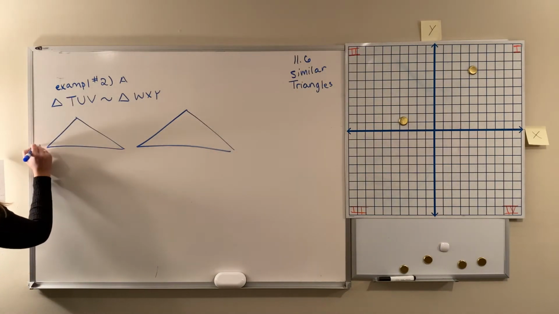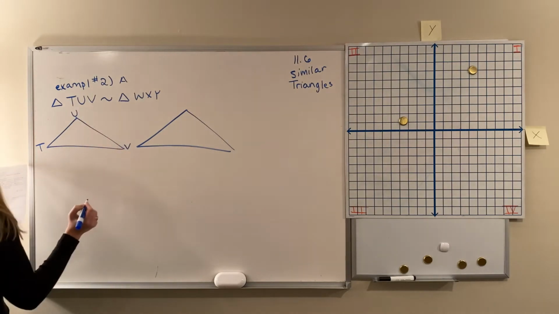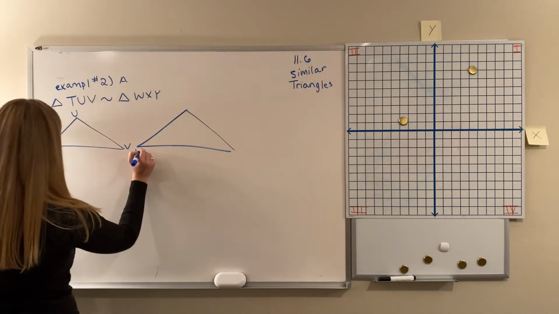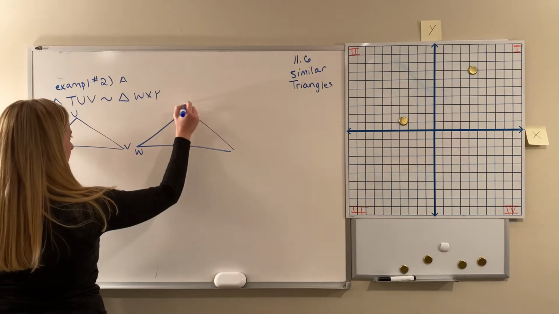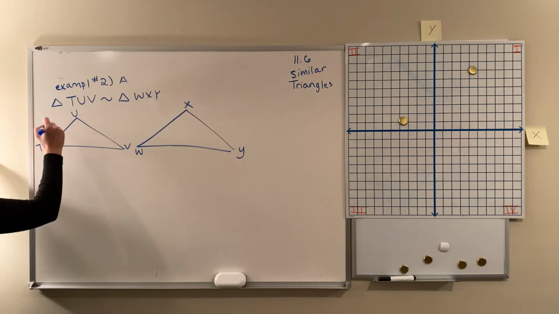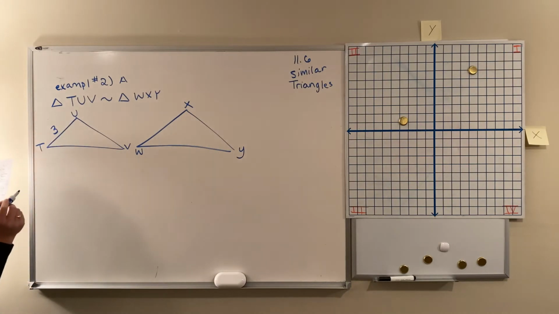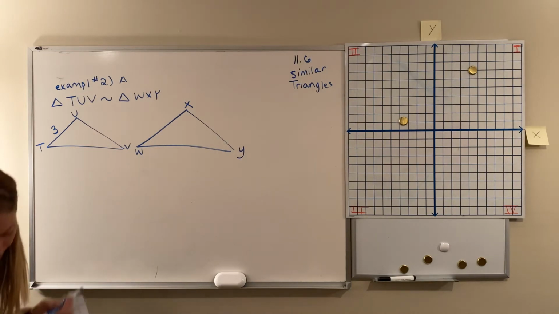This is T, U, V, and then this is W, X, Y. TU is 3 units long. Did they tell us that? Yep. 3, 4, and 6.